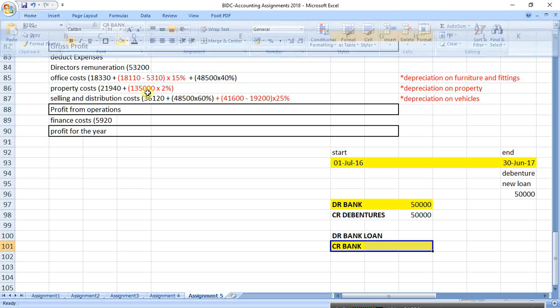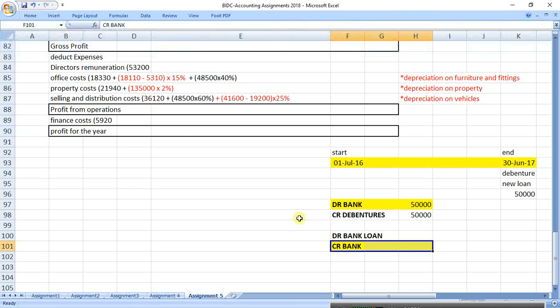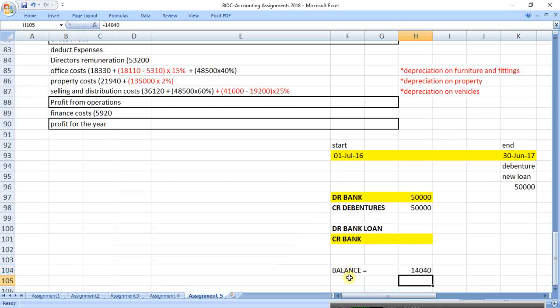When you looked at the question, we had bank, right? Just go back. How much was the bank figure? The bank loan or the bank? The bank figure. 14,000. So overdraft. The balance was minus 14,040.